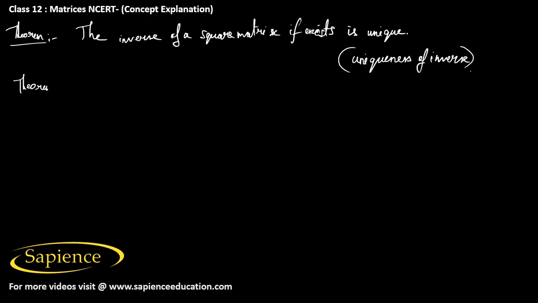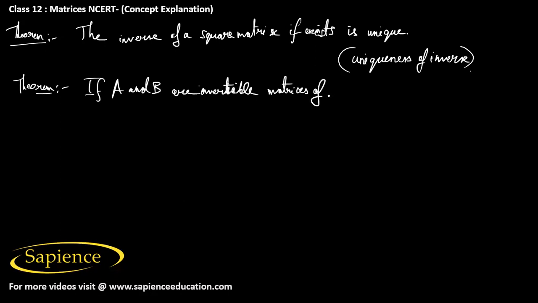The next theorem is that if A and B are invertible matrices of the same order, then we can say that (AB) whole inverse is equal to B inverse into A inverse.